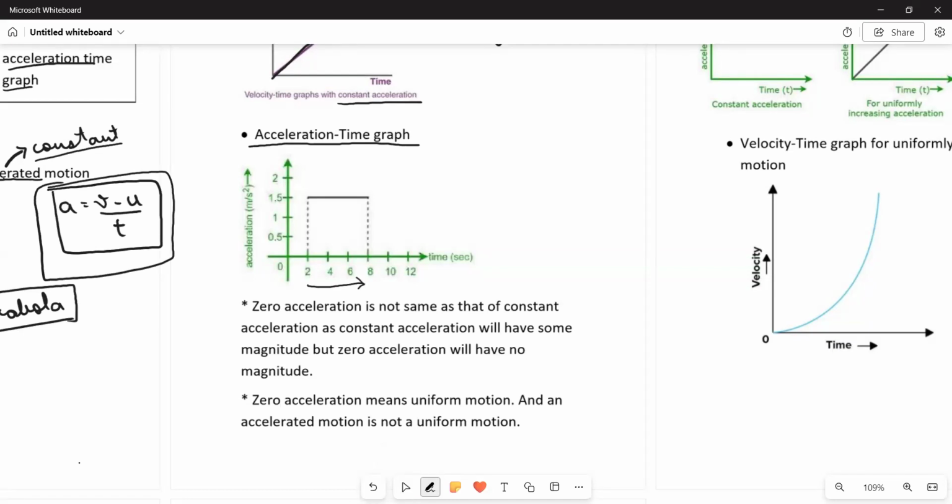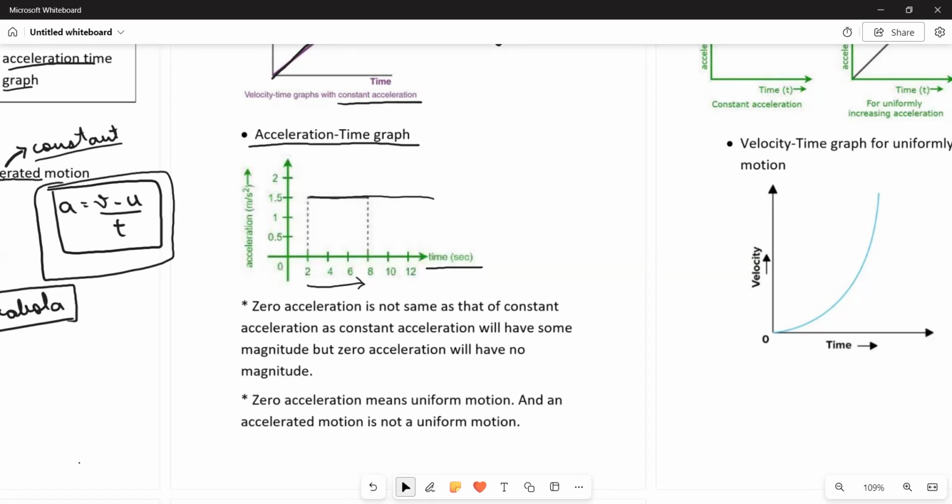See, there is a value of 1.5 over here, and it stays constant with time. There is no change. It is 1.5 throughout the time. So whenever we plot an acceleration time graph for a constant accelerated motion or uniformly accelerated motion, we'll always get a line which is parallel to our x-axis, the axis which shows the time.